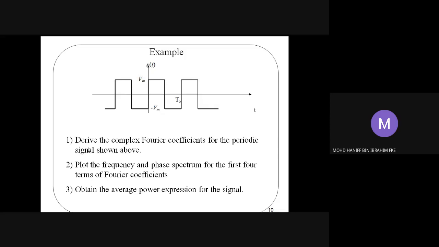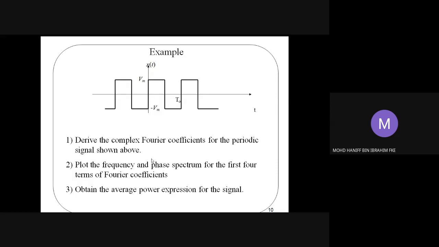Number two, once you have obtained the Fourier coefficients, you have to plot the frequency and the phase spectrum for the first 4 terms of these Fourier coefficients. And finally, you have to calculate the average power expression for the signal.